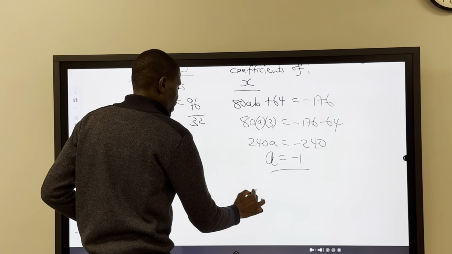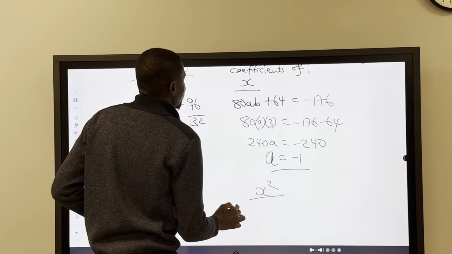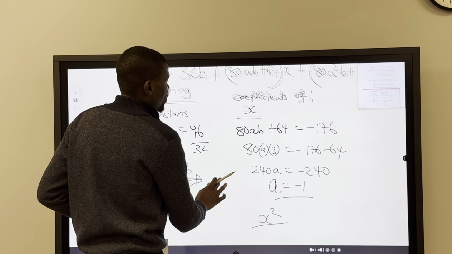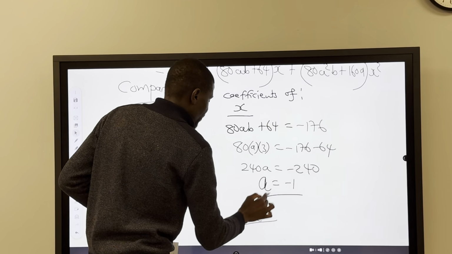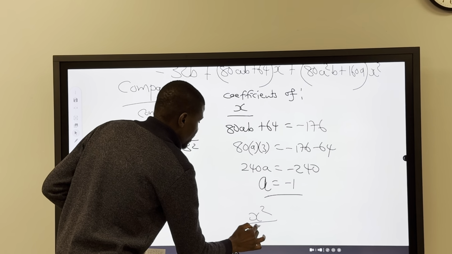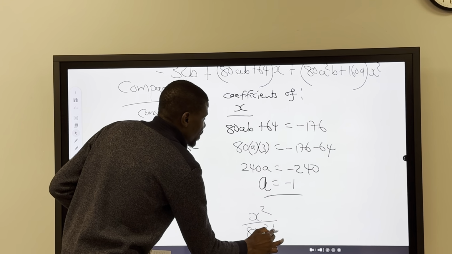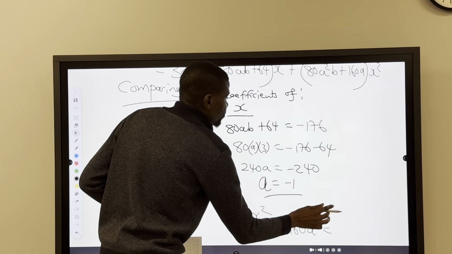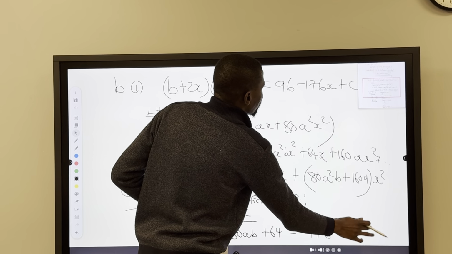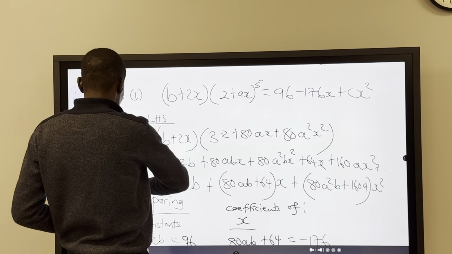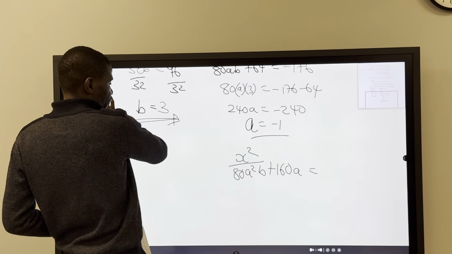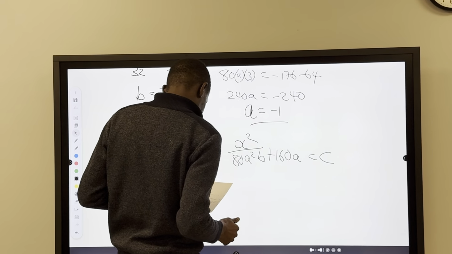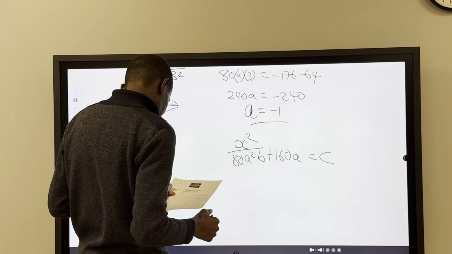Then now we compare coefficients of x squared. In comparing coefficients of x squared, I have that 80a squared b plus 160a should equal c.